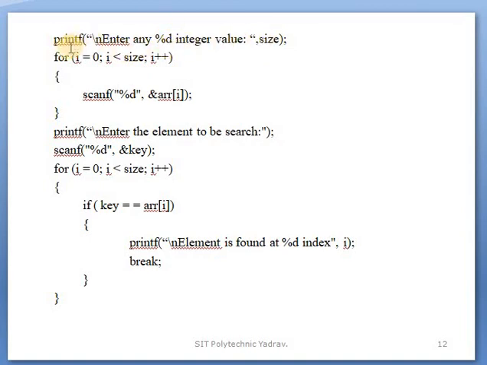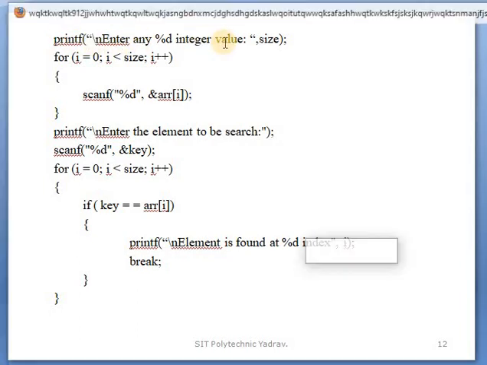Okay. This is the printf function. Whatever message you write in double quotation marks is displayed in your output window. Printf is used to display your sentence in the output window, and your resultant elements are also displayed using this printf function.